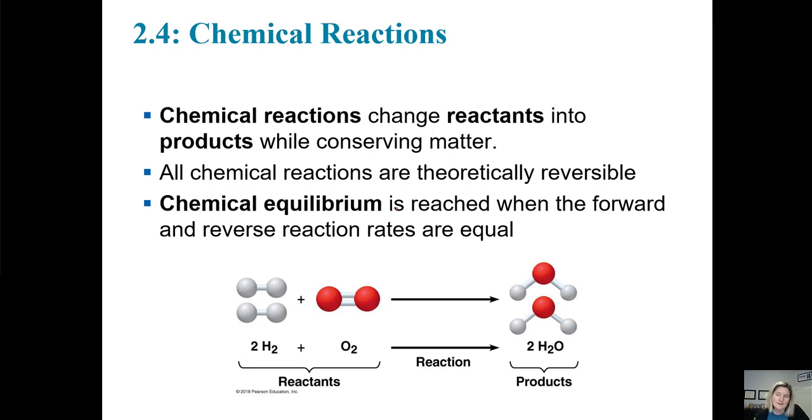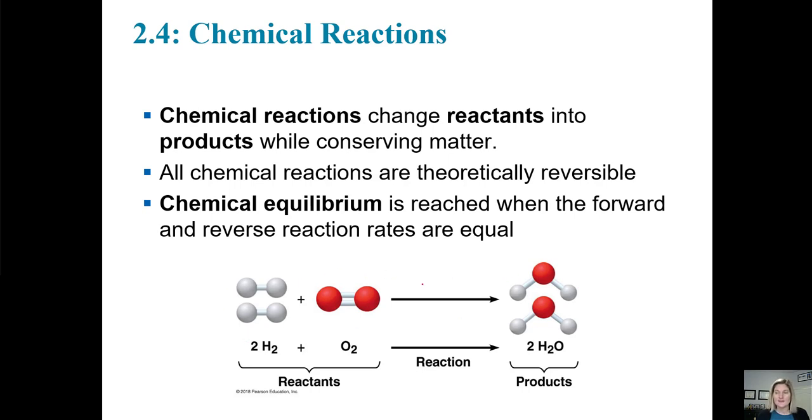Now, all reactions are theoretically reversible. If I can take 2 hydrogen gas compounds and combine them with oxygen gas, I can form two water molecules. And theoretically, I can take 2 water molecules and break them down into an oxygen gas compound and 2 hydrogen gas compounds.